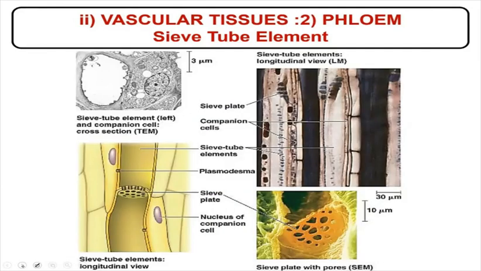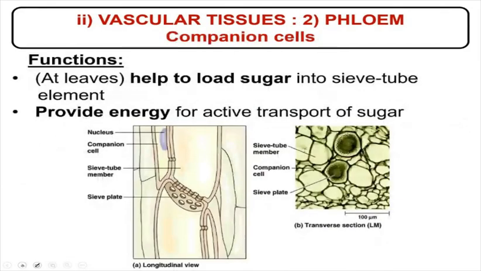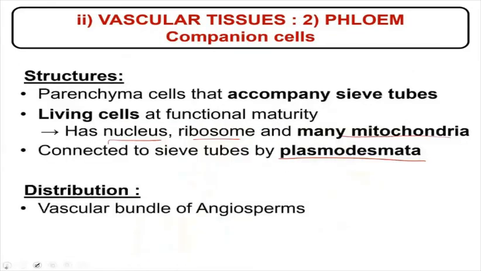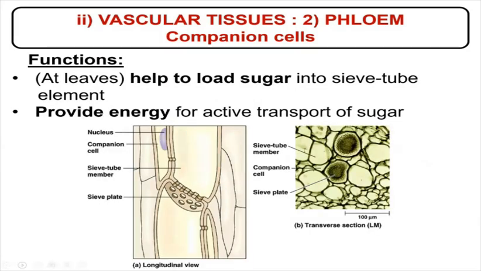Dia dekat cell wall tu lah. Dia macam pores juga. Can be found in angiosperm only. The function is to help load sugar, sebab dia provide ATP. So provide energy for active transport of sugar.